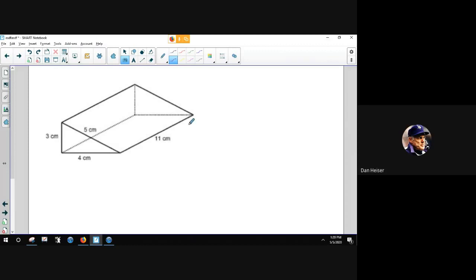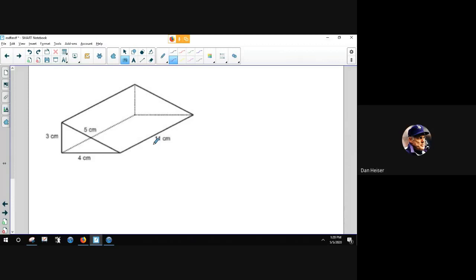Now, we do know that the two bases are the same. So if you find the area of one base, you found the area of the other one, and we simply double it. If, in this case, we have 3 parallelograms, we have to find the area of each one separately.